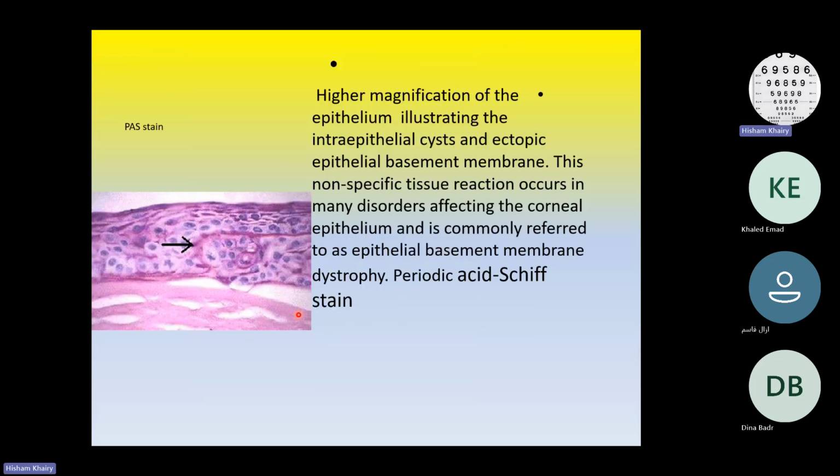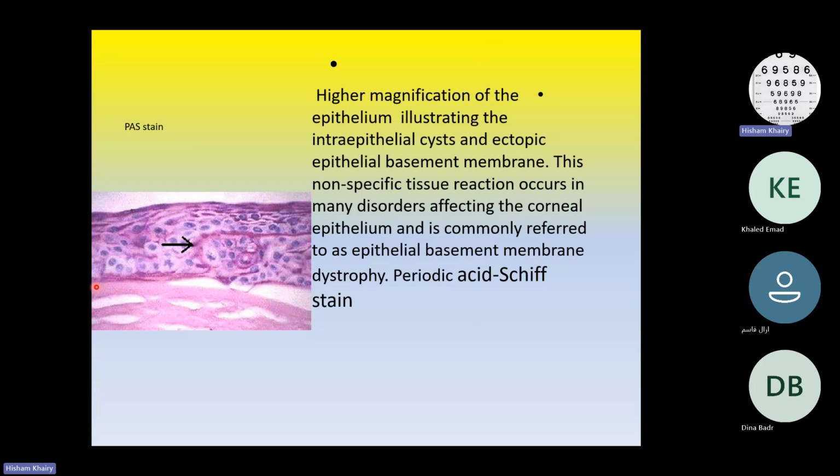So here is pathology. You see intraepithelial cysts and ectopic basement membrane. Several disorders can have this picture. This tissue section was stained by periodic acid-Schiff.